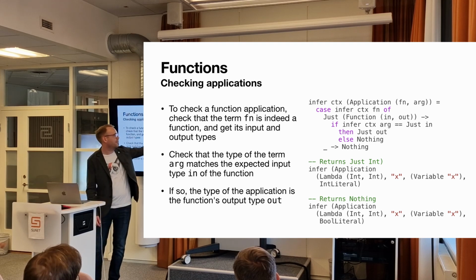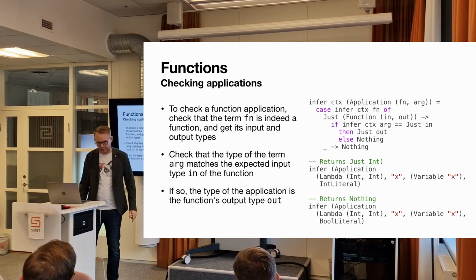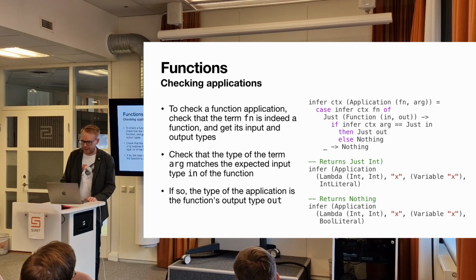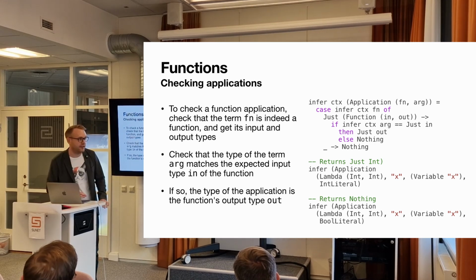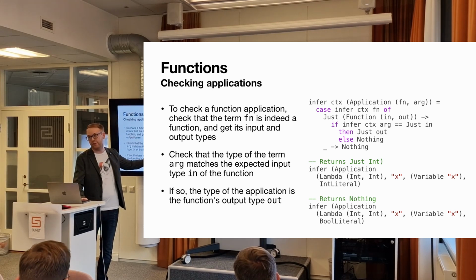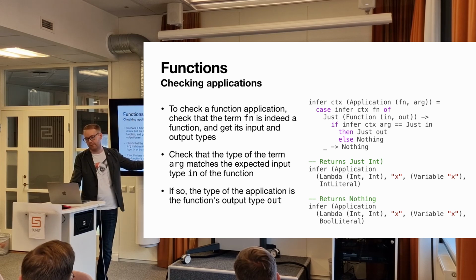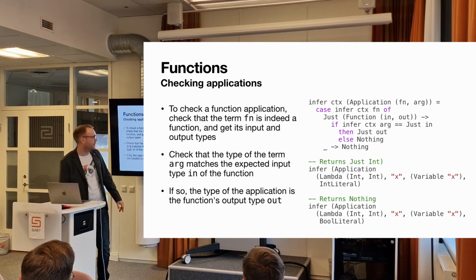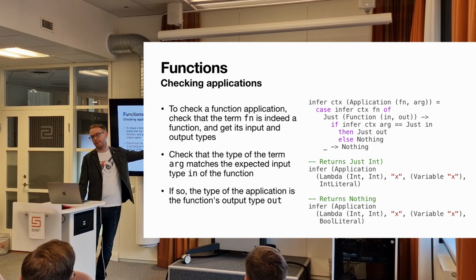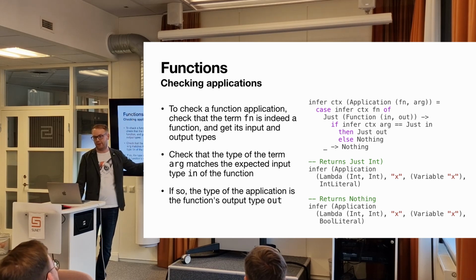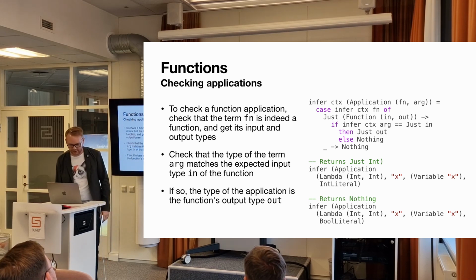So we know the input and output types. The only thing we need to do now is to check that the argument that we used in the application is actually of the same type as the input. And if that type checks, the type of the entire expression is the function's output type.